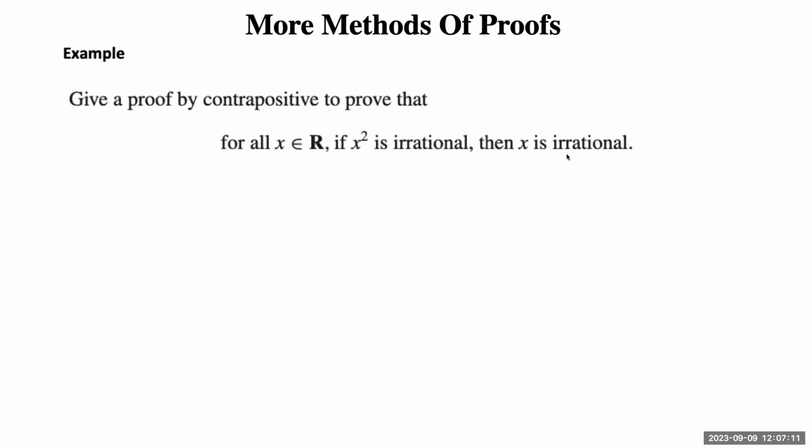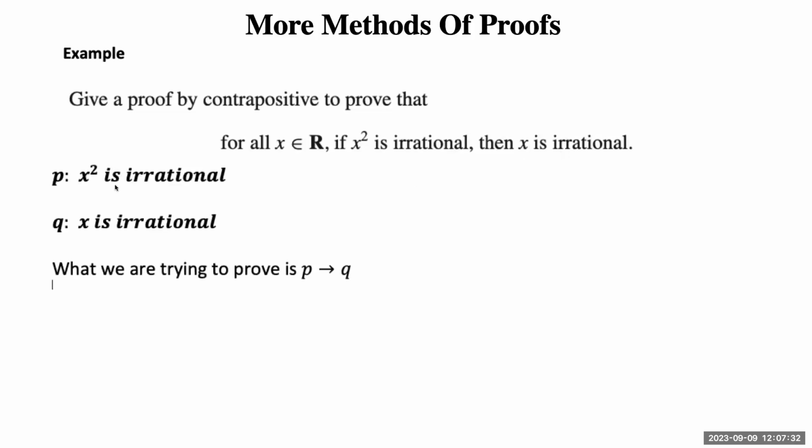So let's go back and do that same proof we did with contradiction, but now we'll use contrapositive. Here it says, give a proof by contrapositive to prove that for all x in R, if x squared is irrational, then x is irrational. So our original conditional, P implies Q: P is x squared is irrational, and Q is x is irrational.